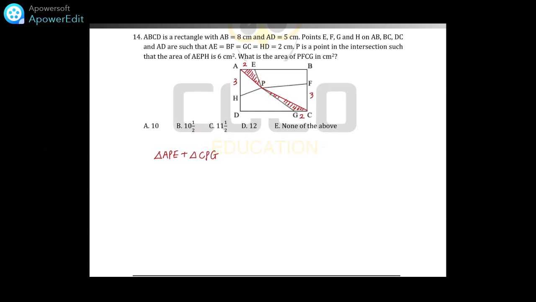So they share the same base. The base equals to 2. And when you look for the height of the triangle, let's call it H1, H2. So the sum of their height equals to the breadth of the rectangle. So this will be the base times the sum of the height divided by 2.